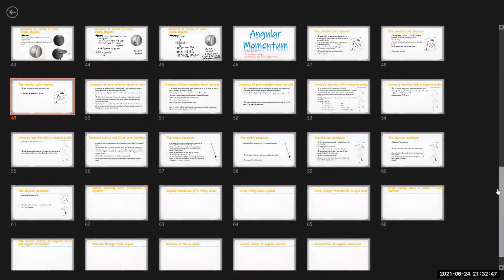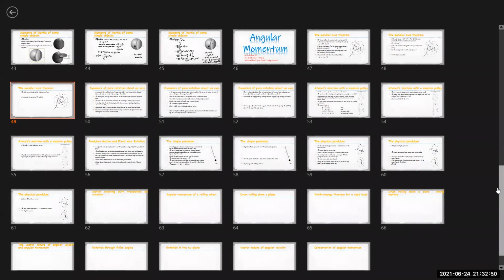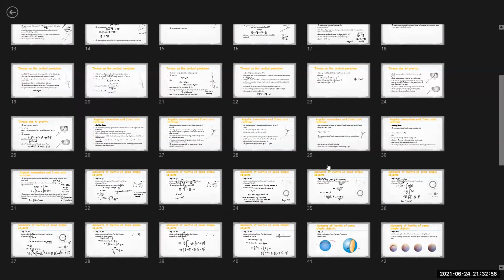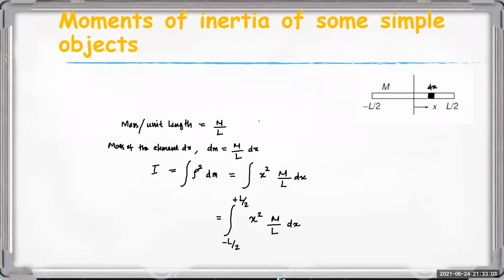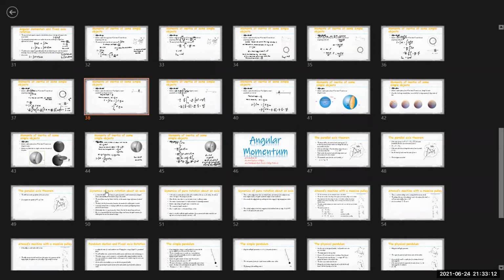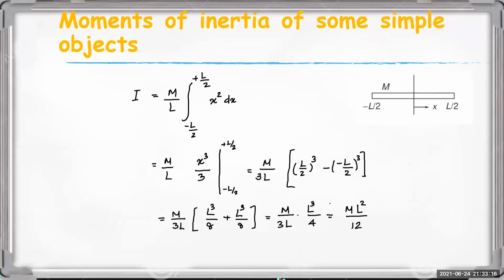The moment of inertia we have got: first, the moment of inertia about the center is obtained as m l square by 12.